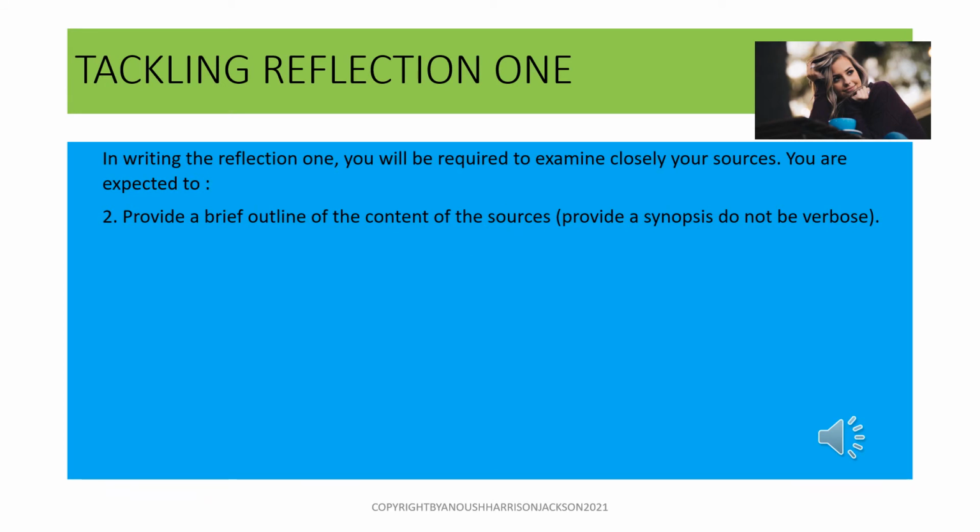In writing the reflection one, you are required to examine closely your sources. You are expected to provide a brief outline of the content of the sources. Provide a synopsis. Do not be verbose. For example, the journal Caribbean Journal of Psychology under the topic corporal punishment and physical discipline in the Caribbean, human rights and cultural practices focuses on the prevalence of corporal punishment in our Caribbean society and reviews it through the aspect of cultural.